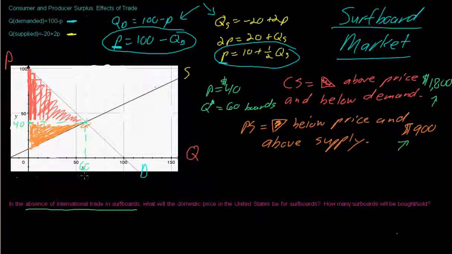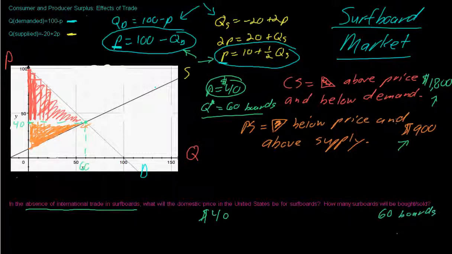We have 60 surfboards that are bought and sold. And what will the domestic price be? Well, we already found that out also. It's 40. If you want to find it algebraically, you can set these two things equal. So the domestic price will be $40 and 60 boards will be bought and sold.